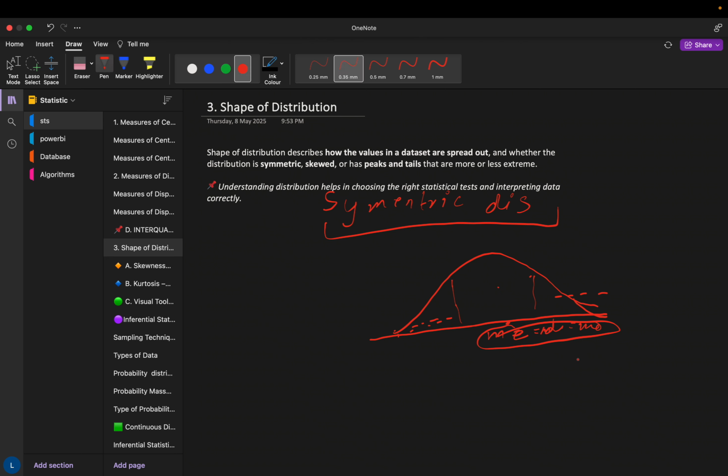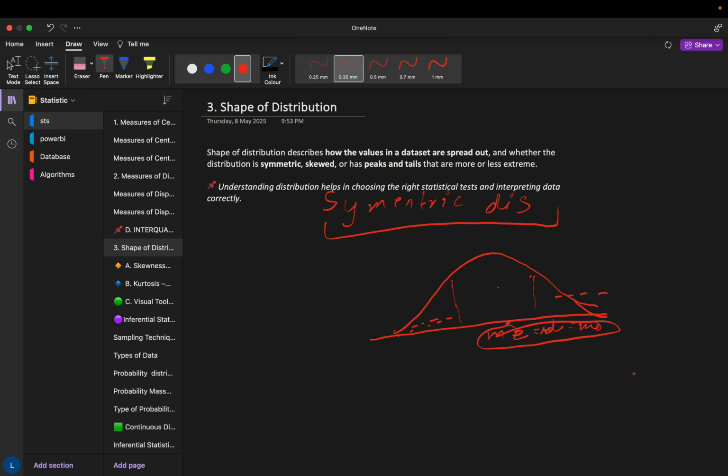This symmetric distribution is really important because in statistics most of the theory is based on the symmetric distribution. Most of the statistical calculations are based on symmetric distribution. So having symmetric distribution data is really helpful and important for us for solving any type of problem in statistics.